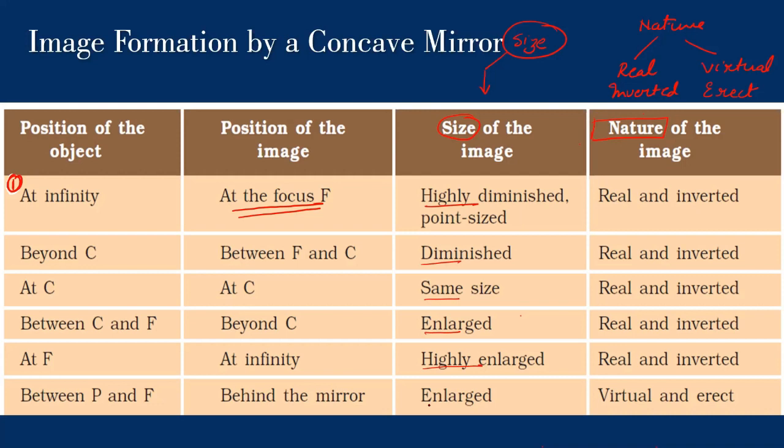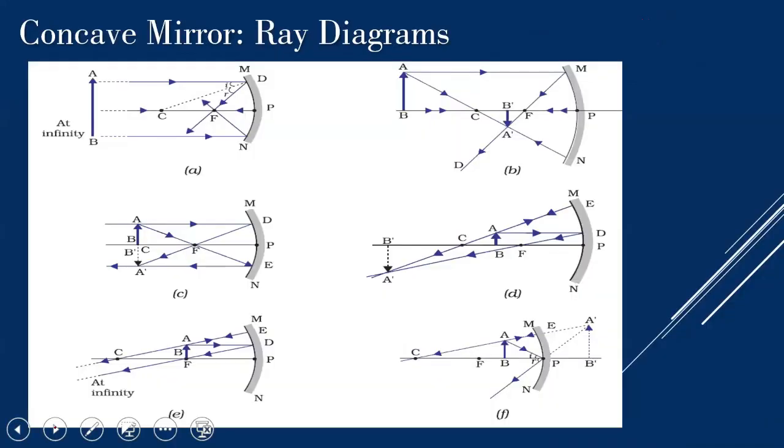First, as I told you, when the object is kept at infinity, the image is always formed at the focus. Now, how is that possible? Let's see now. Can you see this? This is your first position. So always remember, whenever the object is at infinity, anything which is at infinity, the light rays which come from infinity are always parallel.